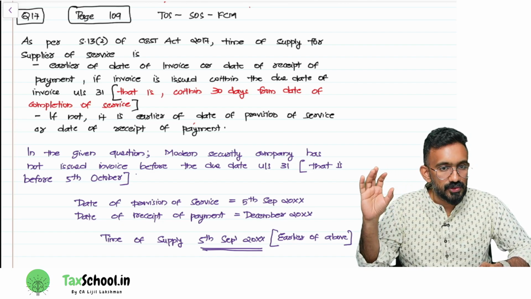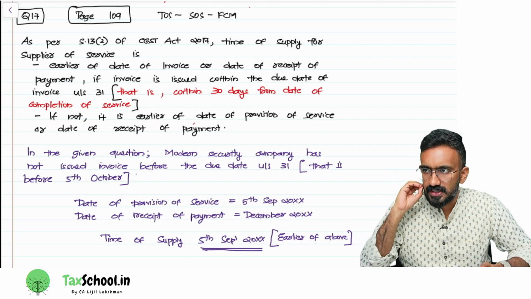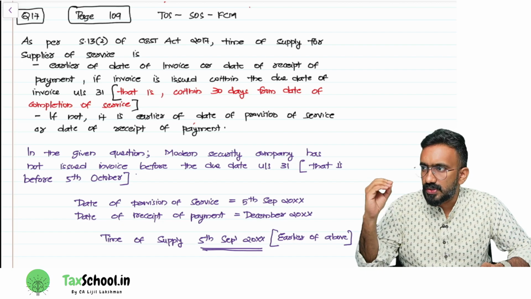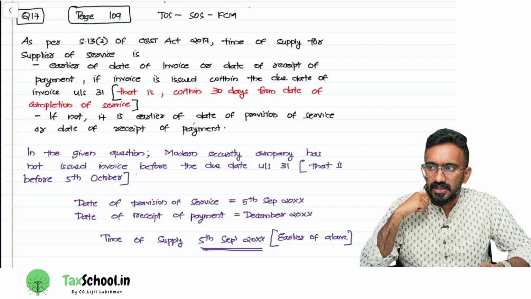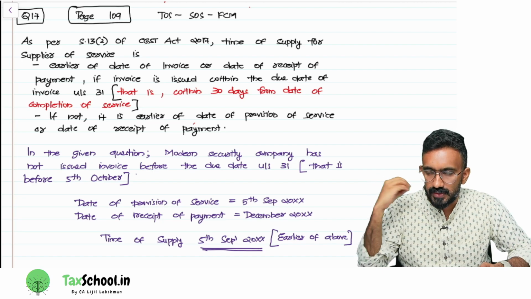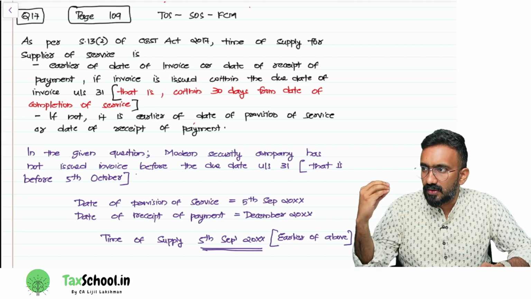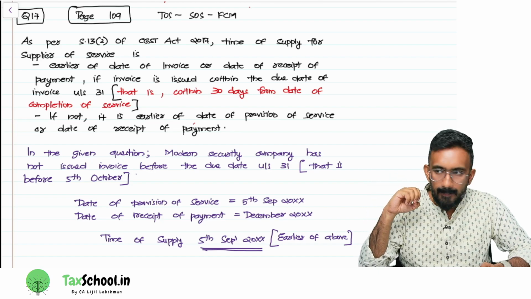First, I have written the provision. As per 13 subsection 2 of CGST Act, time of supply for services is earlier of date of invoice or date of receipt of payment. If invoice is issued within the due date of invoice under section 31, that is within 30 days from the date of completion of service. If not, it is earlier of date of provision of service or date of receipt of payment.